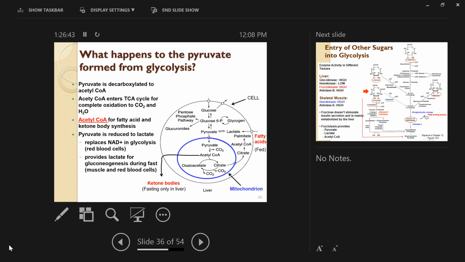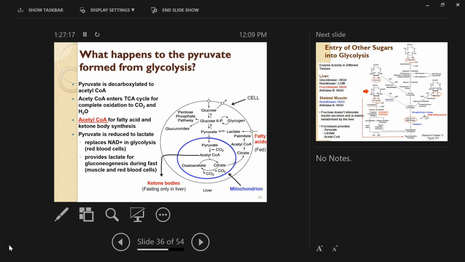So pyruvate will enter the mitochondria and be further broken down to acetyl-CoA, right? And acetyl-CoA again is key, right? It's a very important intermediate in the metabolic pathways, connecting multiple metabolic pathways. And acetyl-CoA then enters the TCA cycle, right?